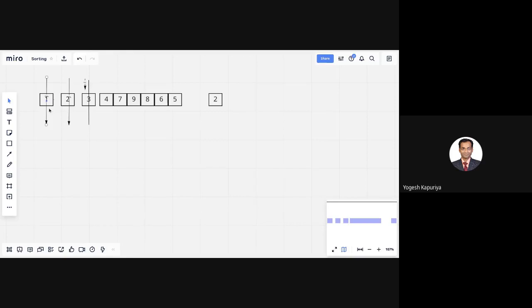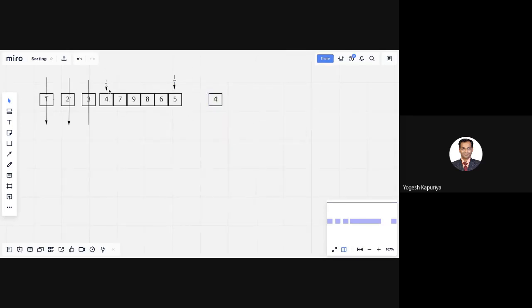Once you are done with the left part of 3, then you will start with the right part of 3. So once again you have this I and J. Now your pivot is 4.